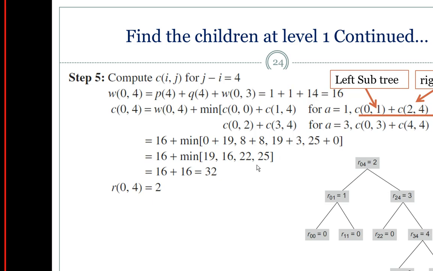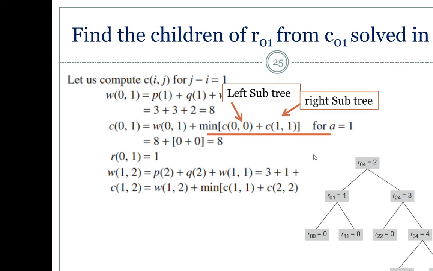C of 01, it means R of 01 is the left subtree. C of 24, it means R of 24 is the right subtree. So R of 01 is 1, and R of 24 is 3. Again we have to see the solved example.